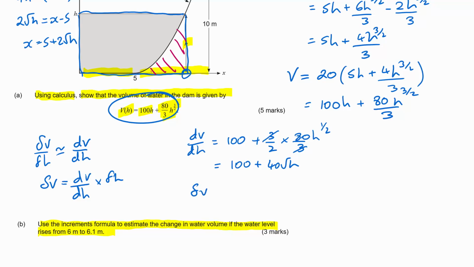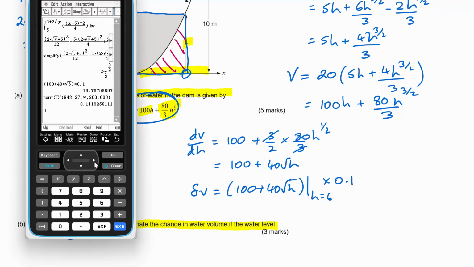And so our change in volume is going to be 100 plus 40 root h evaluated where h is equal to 6, and then times by the increment there, which is 0.1. And I think I did this earlier on the calculator as well when I was just preparing for this. And indeed, there it is, 19.80, so we'll call that 19.80 cubic meters.